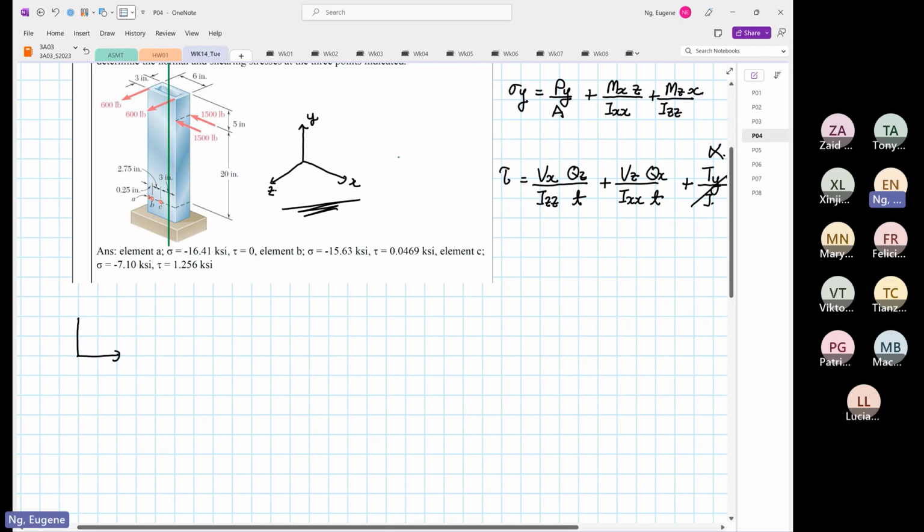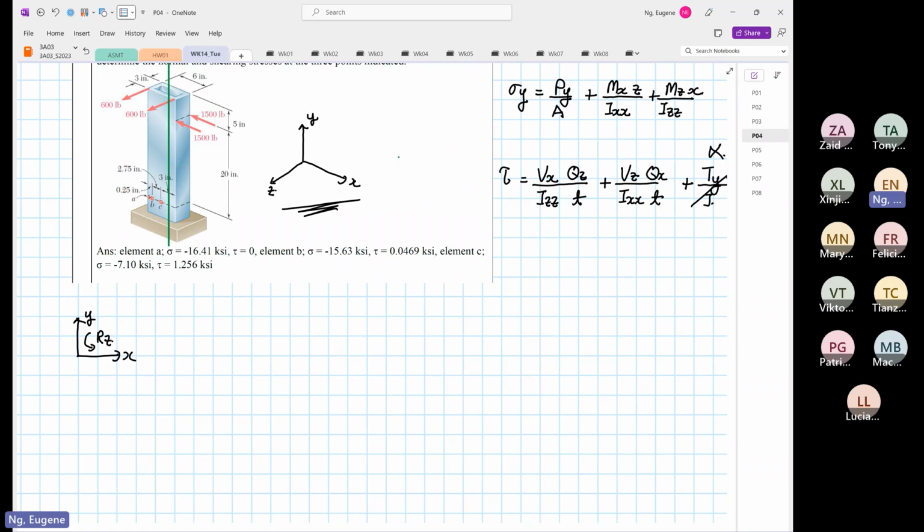We are going to look at the yx plane, and this is our rotation in z, using the right hand rule.